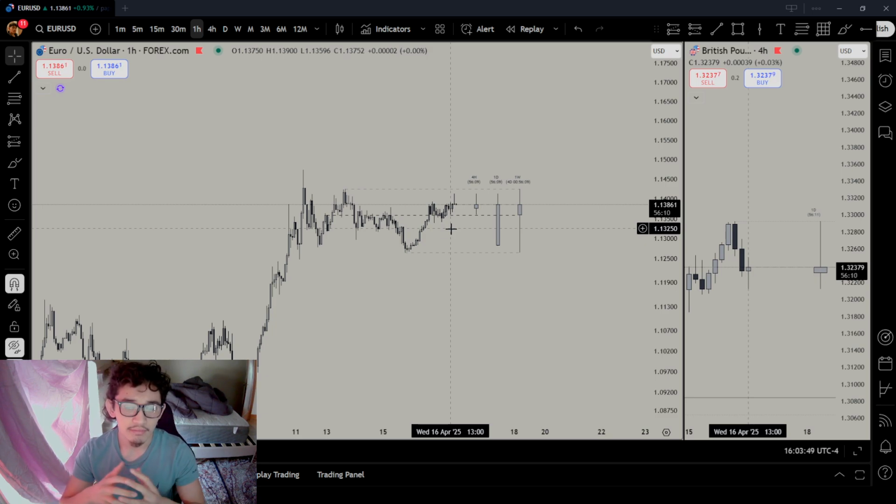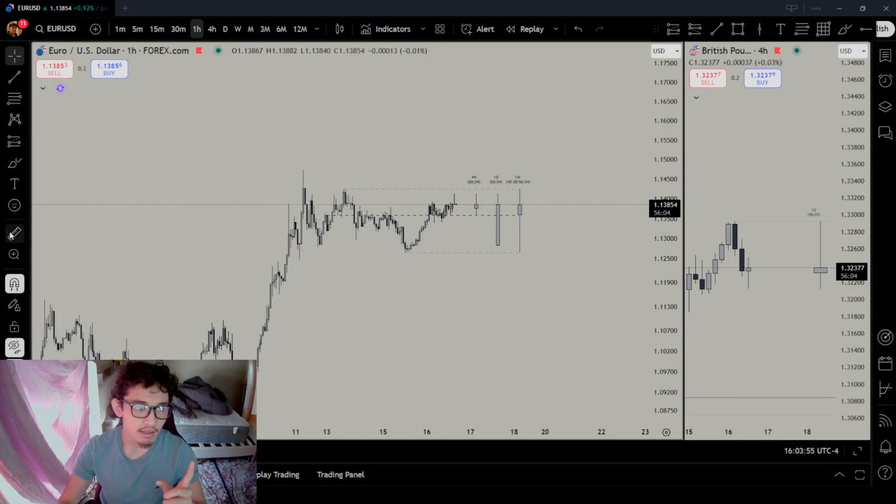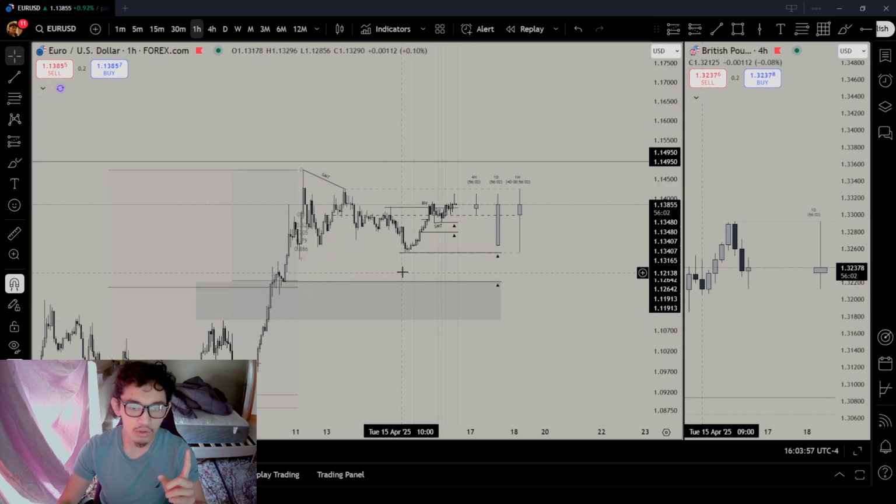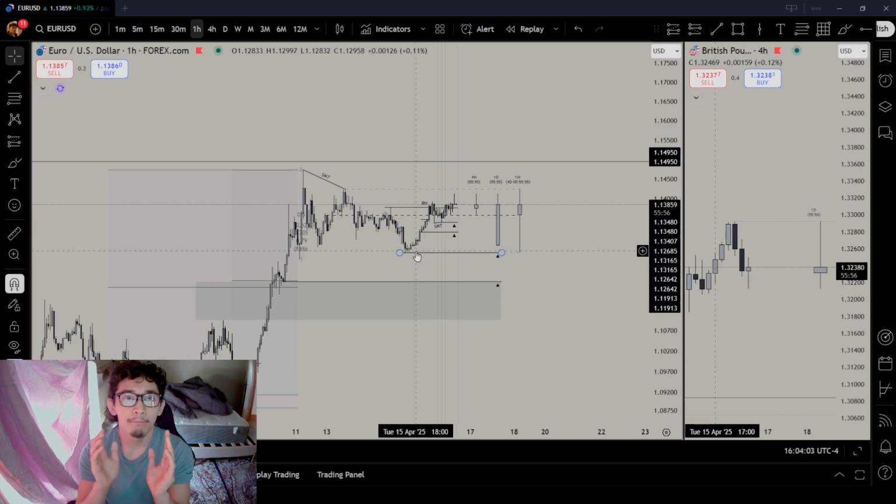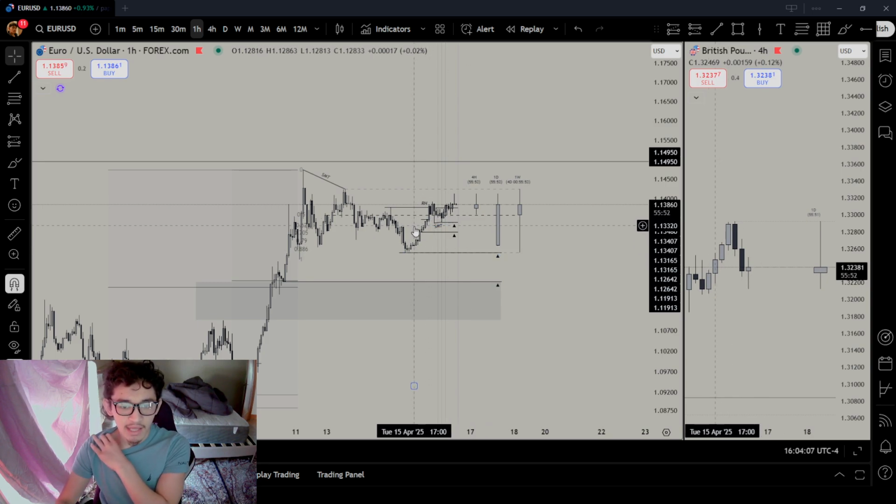New York session. And step two is marking the daily candle opening price. So mark the present day's daily opening price. If I'm trading this day, I'm not gonna mark the daily opening price of the previous day. I'm gonna mark the daily opening price of the specific day I'm trading.